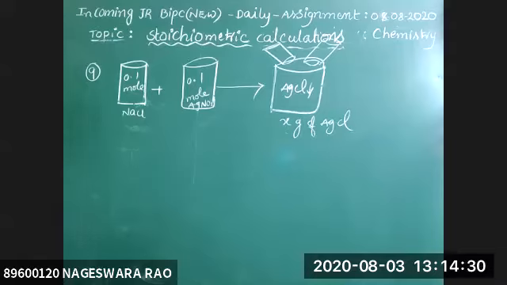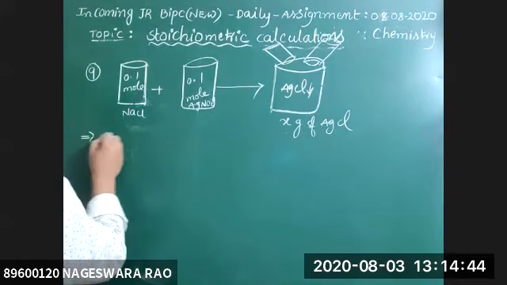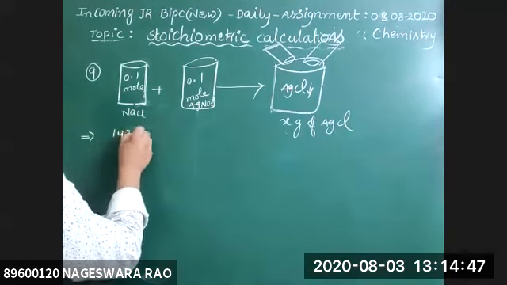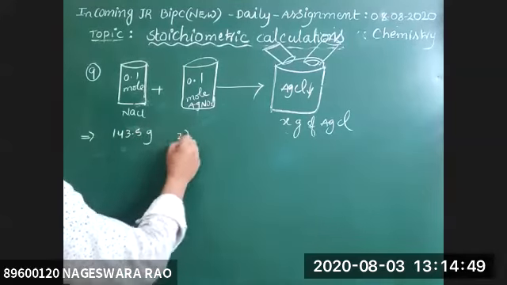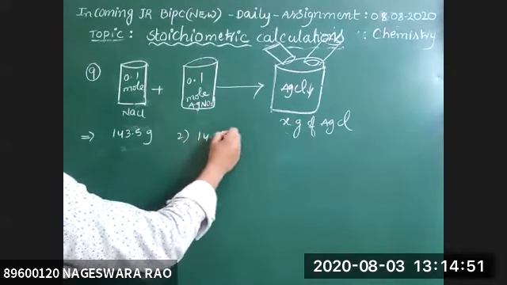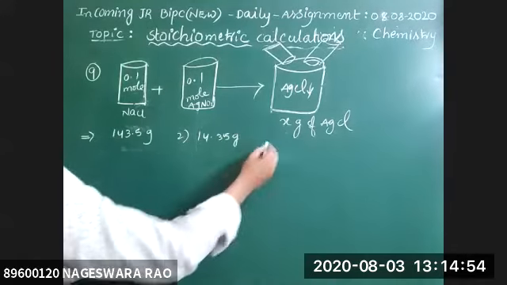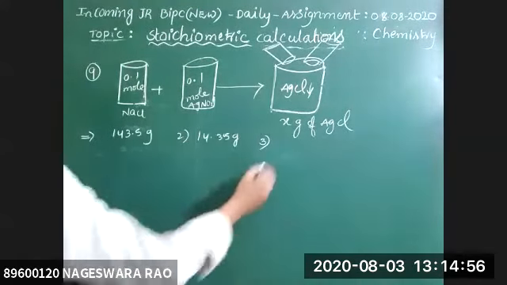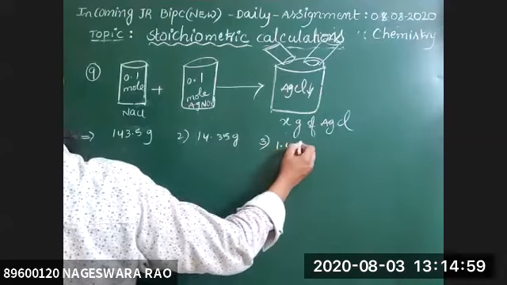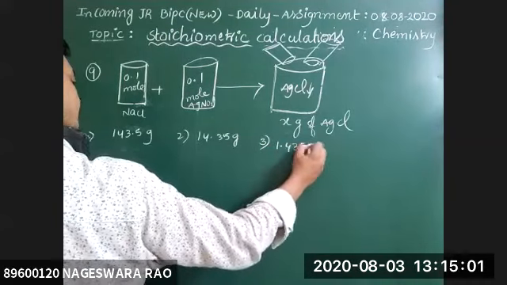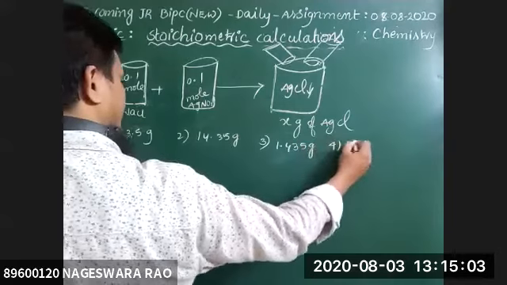What is the X in this reaction? How many grams of precipitate is formed? Options: 143.5, 14.35 grams, third one 1.435 grams, and 0 grams.